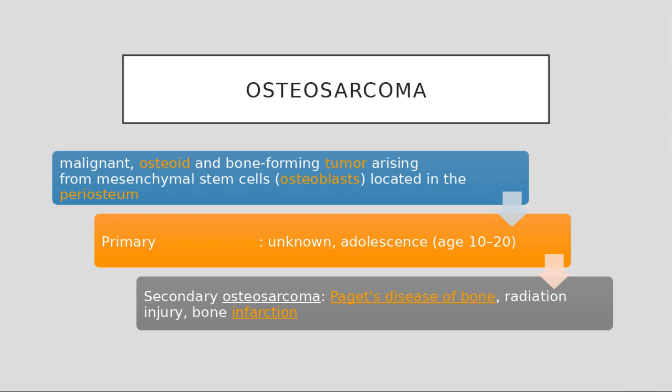Now, you can have osteosarcomas which, for want of a better expression, are primary, meaning that they arise in normal bone. So bone which was non-pathological prior now develops an osteosarcoma, and they give it the term primary osteosarcoma. It's a bit of a clumsy expression, but that's what it is. Usually how people get these is generally unknown.